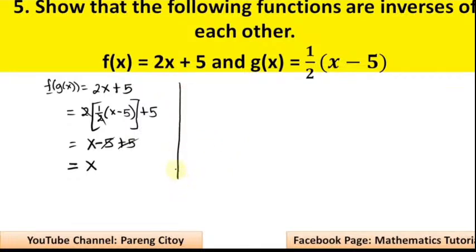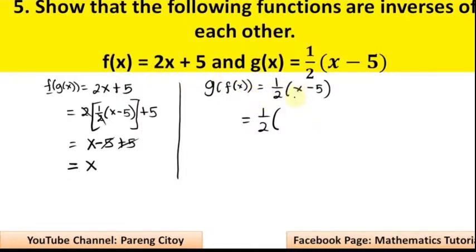How about g times f of x equals, so ang value ng g of x is 1/2 times x minus 5 equals 1/2 times, value ng x is, replace x with the value of f of x.